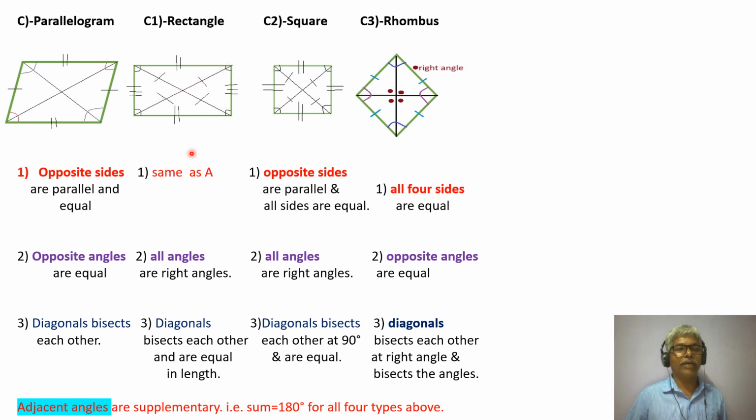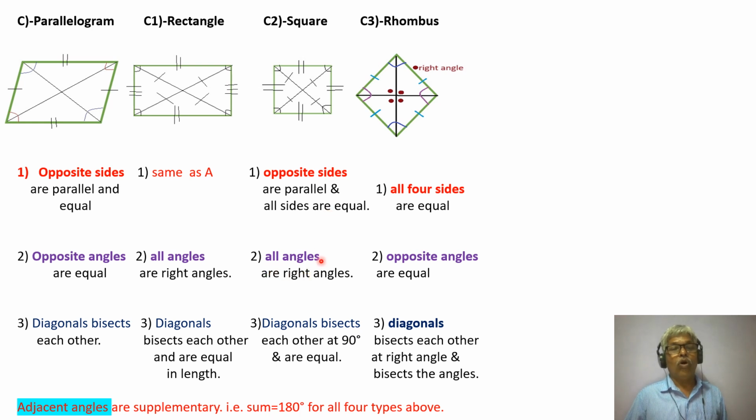That is rectangle. Then square. These are the properties of square. Opposite sides are parallel and all sides are equal. Here only opposite sides were equal, but here all sides are equal. That is again a particular case of parallelogram.